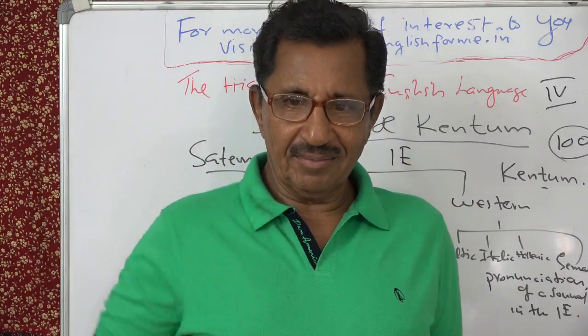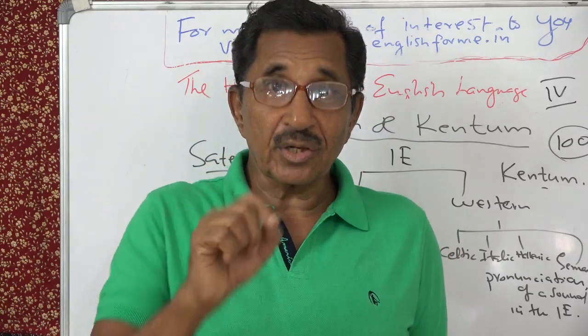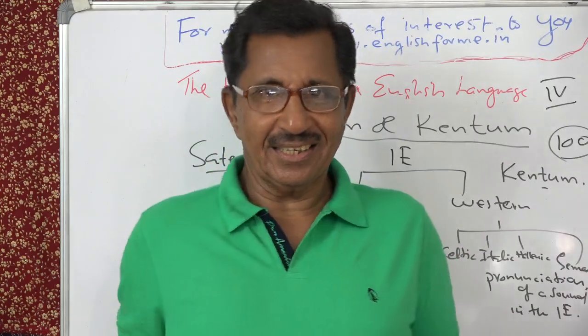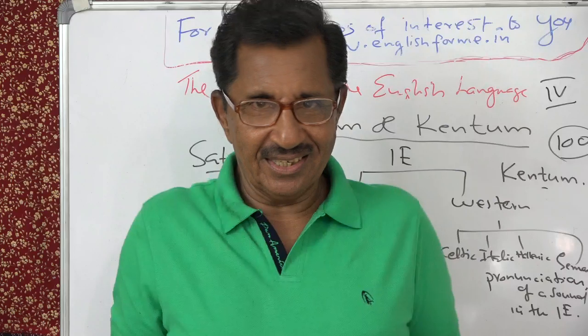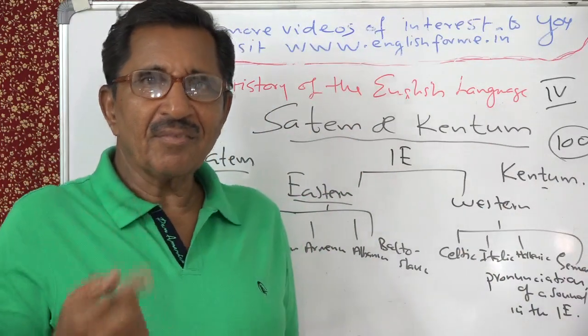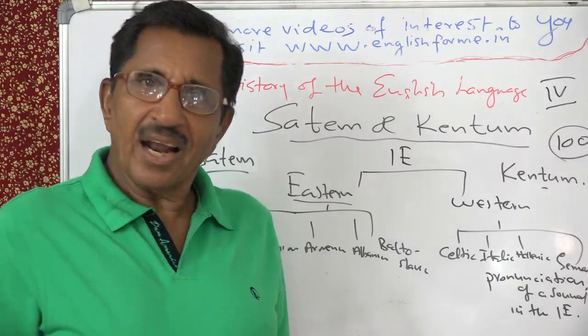In Tamil and Malayalam, we have a word, Noor, meaning 100. So Noor means 100, sau means 100. And then Indo-European also had a word with the meaning 100.